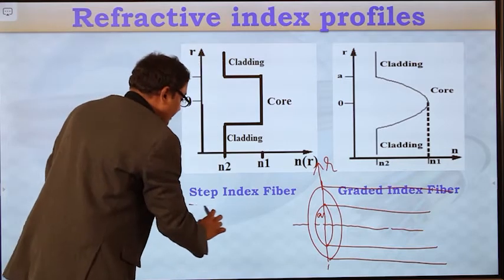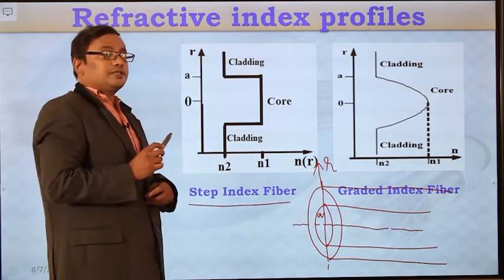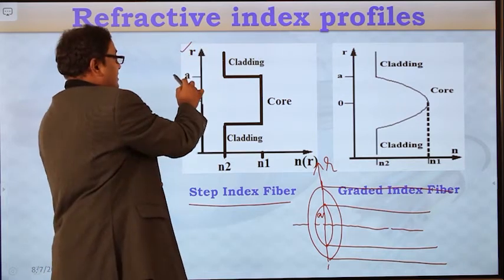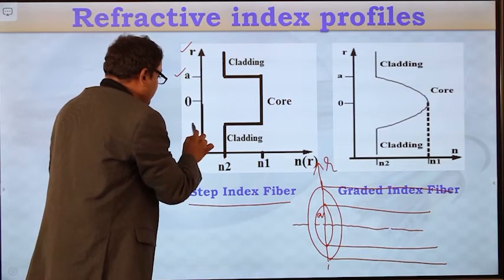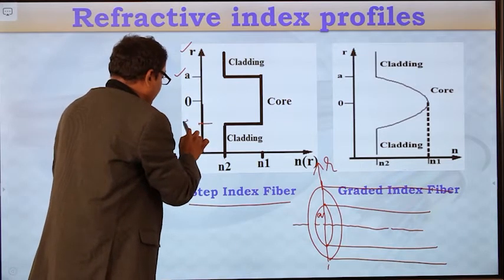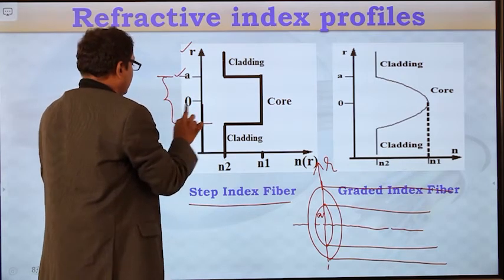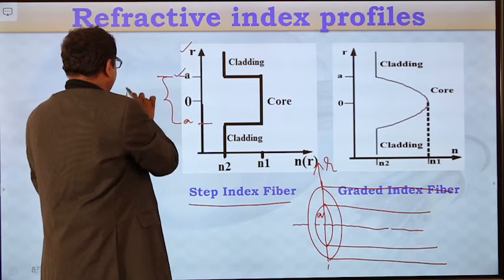Now we concentrate on the refractive index profile of step index fiber. In this, radial distance is R, a is the core radius, and here this is also a, right? So totally this is the core diameter.